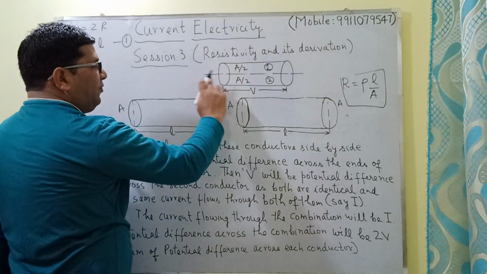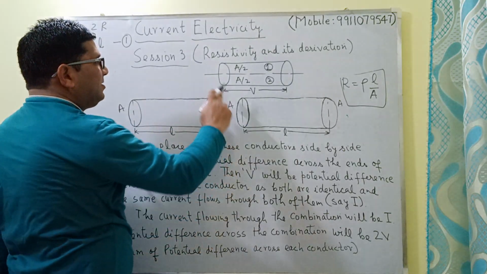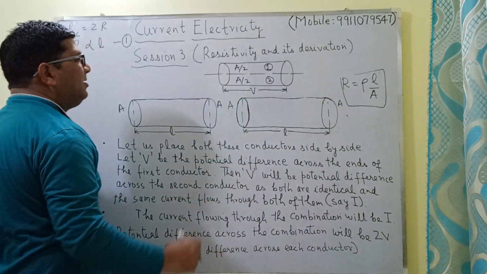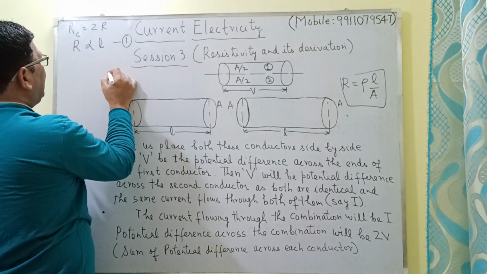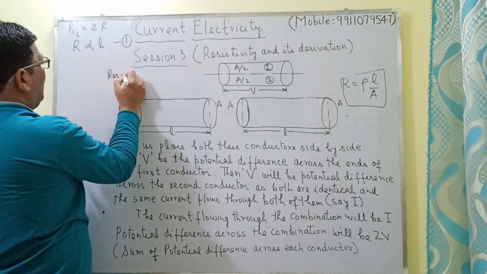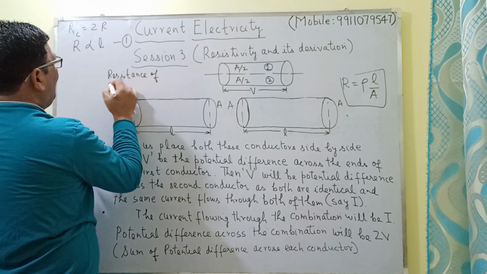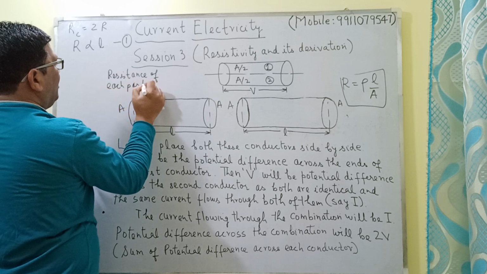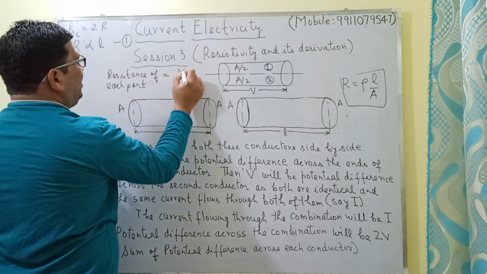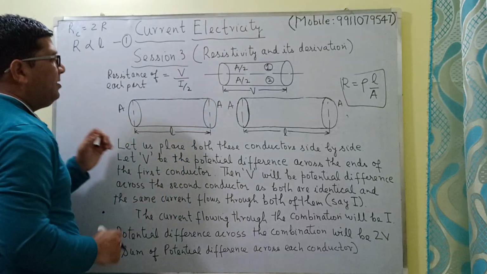So if we split this conductor into two equal parts lengthwise from the center, then the resistance of each part will be equal to V divided by I upon 2. Why?